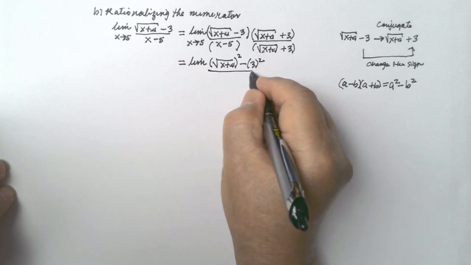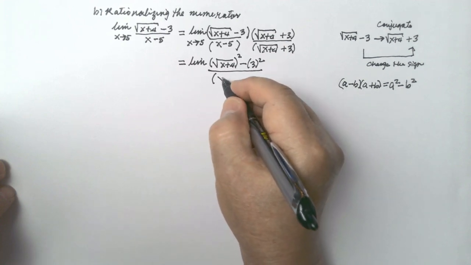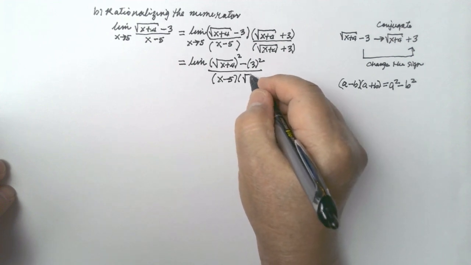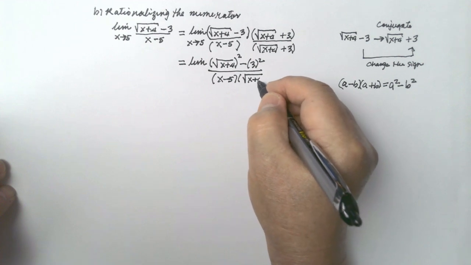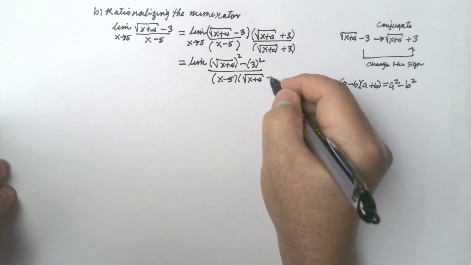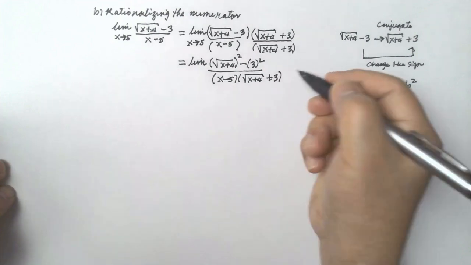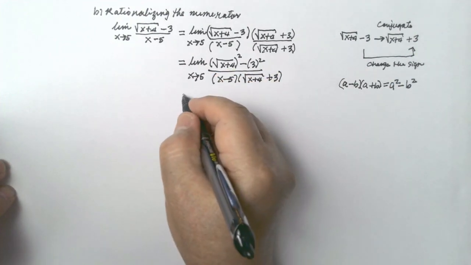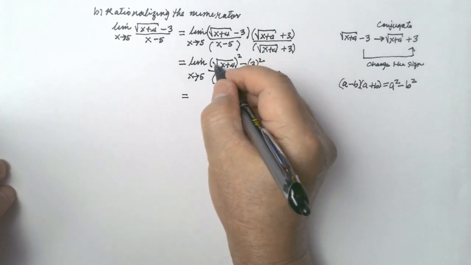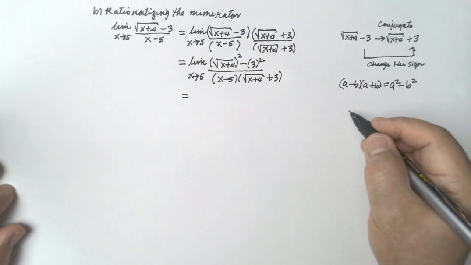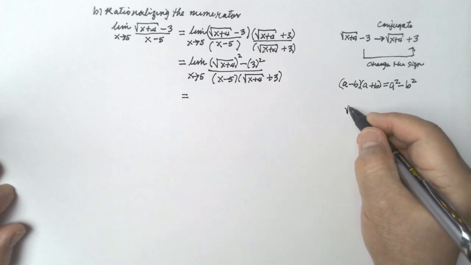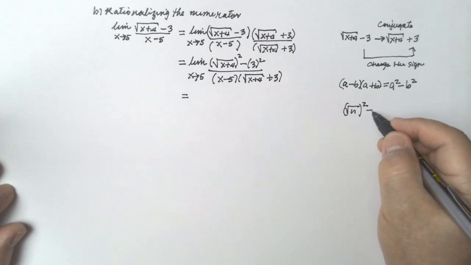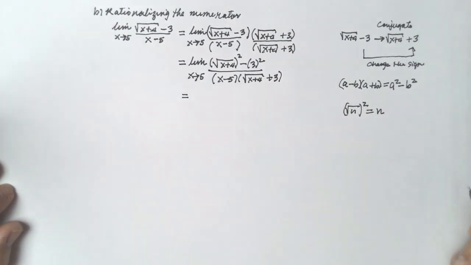Over x minus 5 times the square root of x plus 4 plus 3 as x approaches 5. Now the first term is in the form of square root of n square is equal to n.